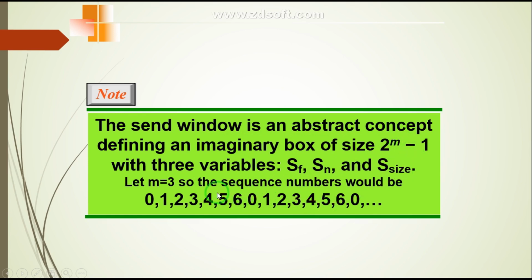The sequence numbers would then be 0, 1, 2, 3, 4, 5 up to 6. Since it is modulo 2 raised to m, we repeat the same sequence again, 0, 1 and so on.